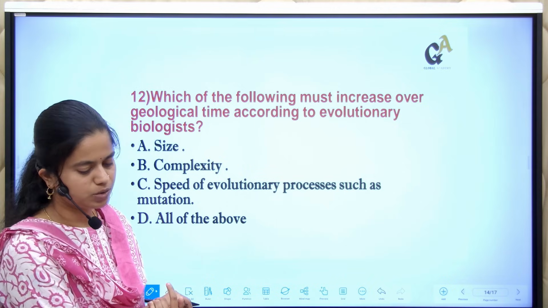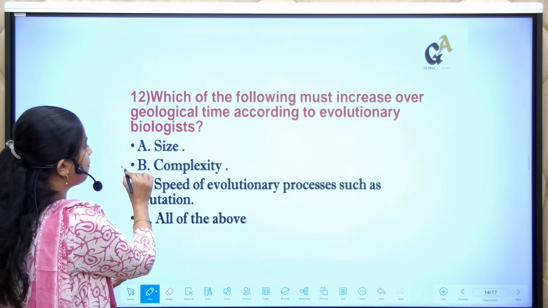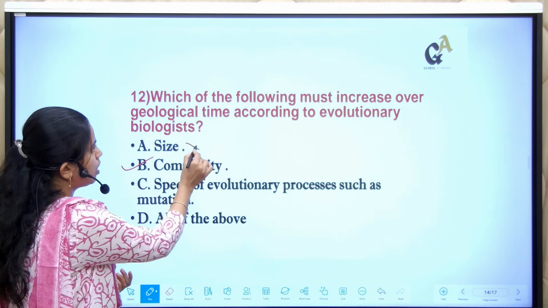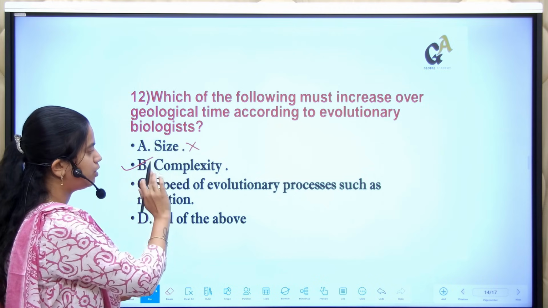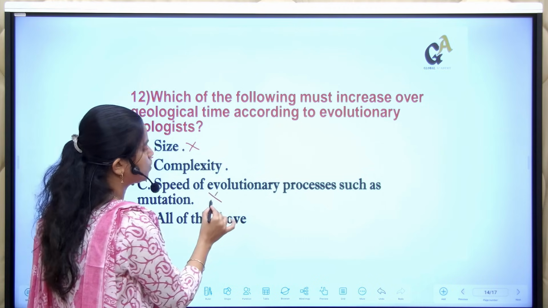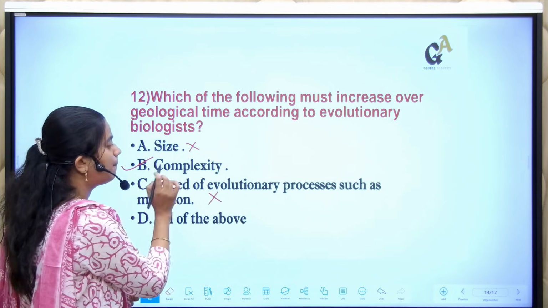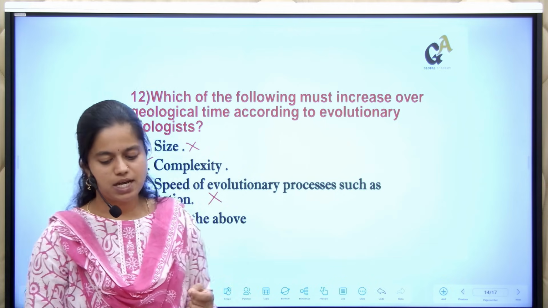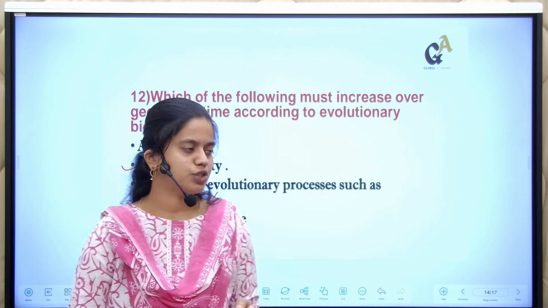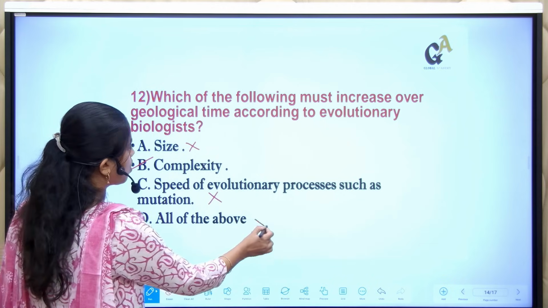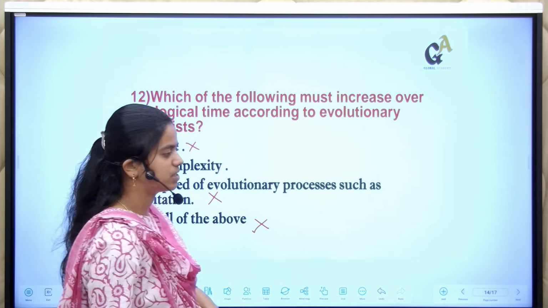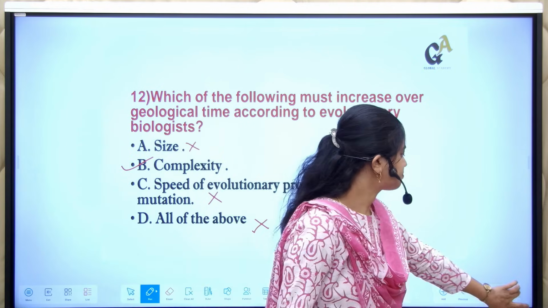Which answer is going to satisfy, students? That is complexity. Size is not necessary for evolution, and speed is also not necessary for evolution. But what is necessary? Complexity is always necessary for evolution. So option D is also wrong. Only the answer complexity will be found correct.